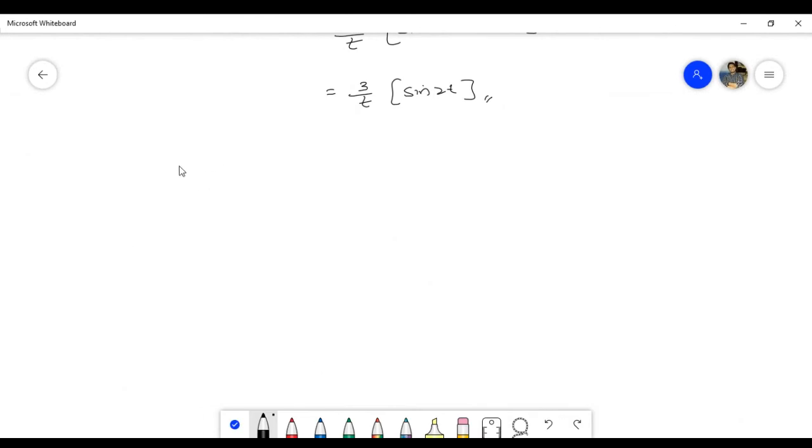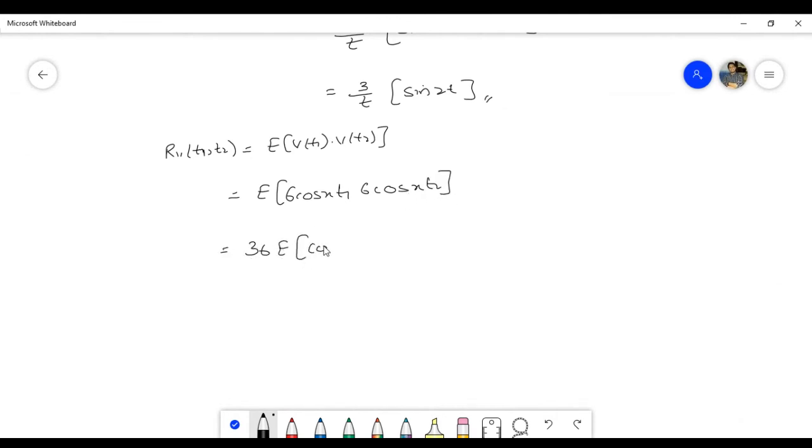Next thing, Rv of t1 comma t2, the autocorrelation function, which is equal to the expected value of v of t1 into v of t2, which is the expected value of 6 cosine xt1, 6 cosine xt2, which is 36 times the expected value of cosine xt1 cosine xt2.